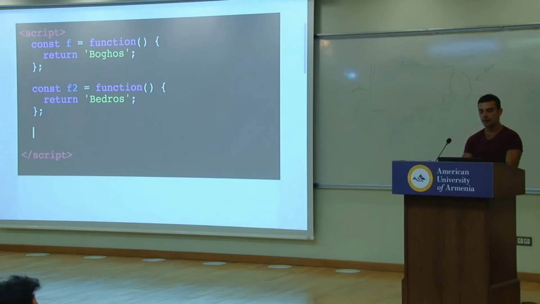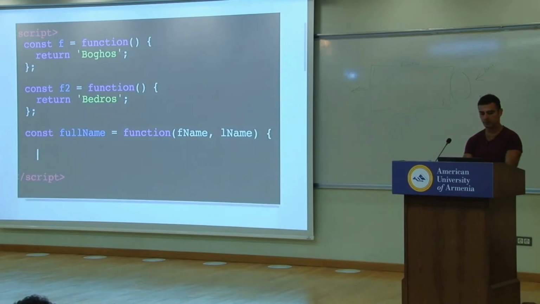We then have a const full name function that takes a first name and a last name and returns the full name. What can I write to return the full name?